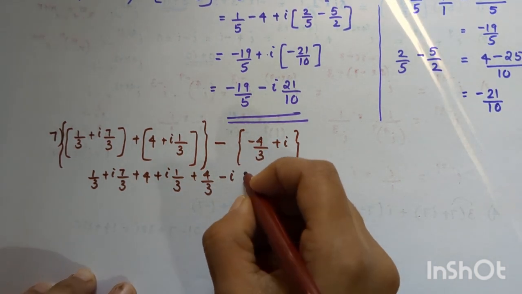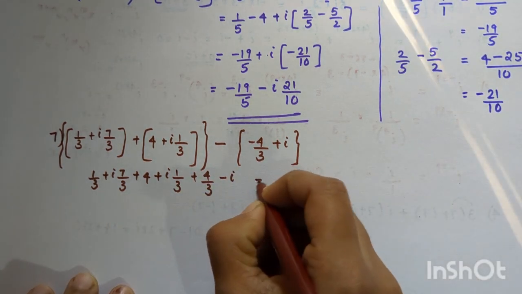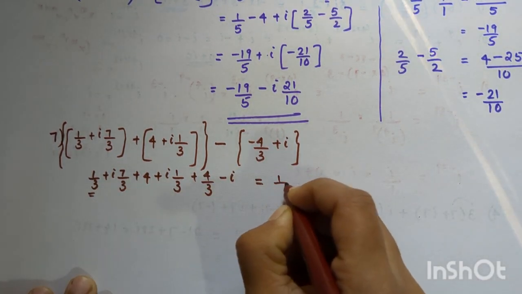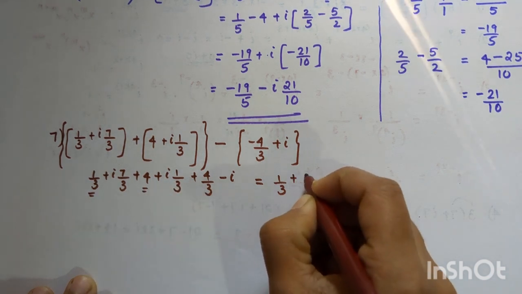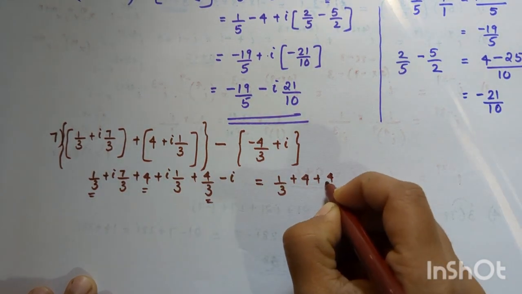So we just want to write the real parts together and imaginary parts together. So this is equal to 1 by 3 plus 4, then plus 4 by 3.